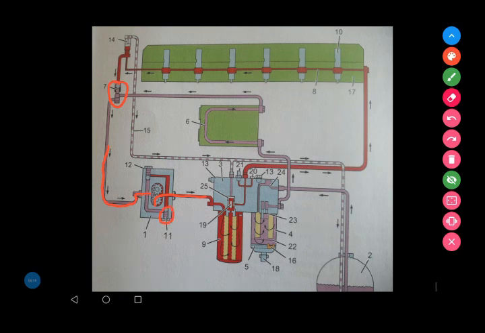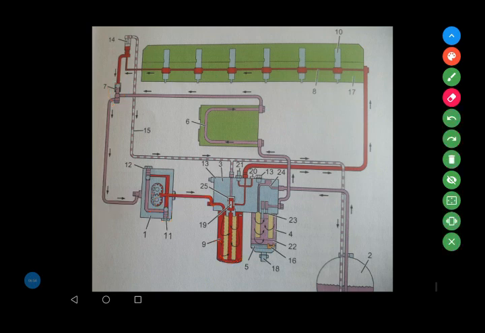This is a safety valve. This safety valve opens and allows the fuel back to the suction side when there is too much high pressure. If it is clogged and the fuel pressure is too high, then the safety valve opens and the fuel goes back to the suction side.